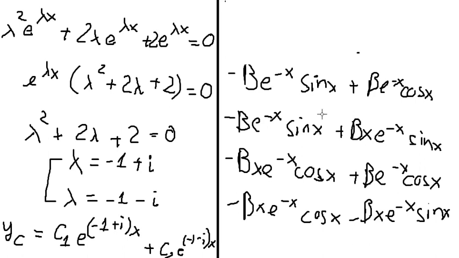Now let's go for b. So this one with this one we cancel. This one with this one you got negative 2be to the power of negative s sine s.